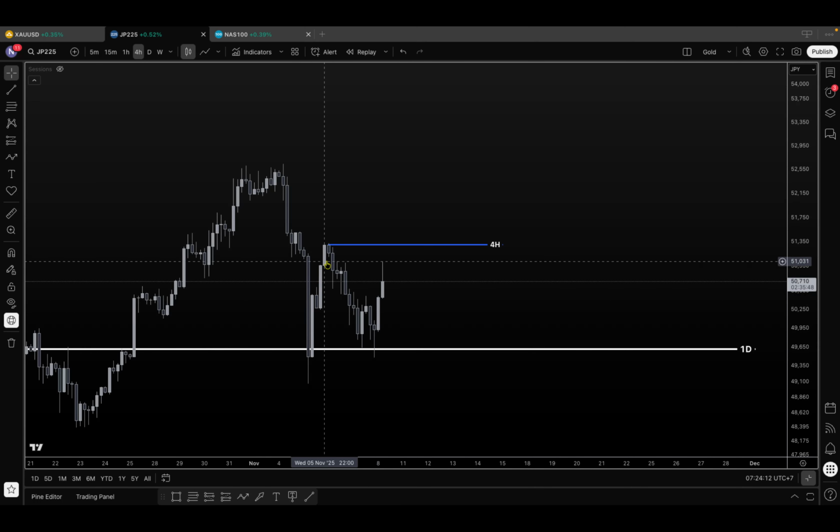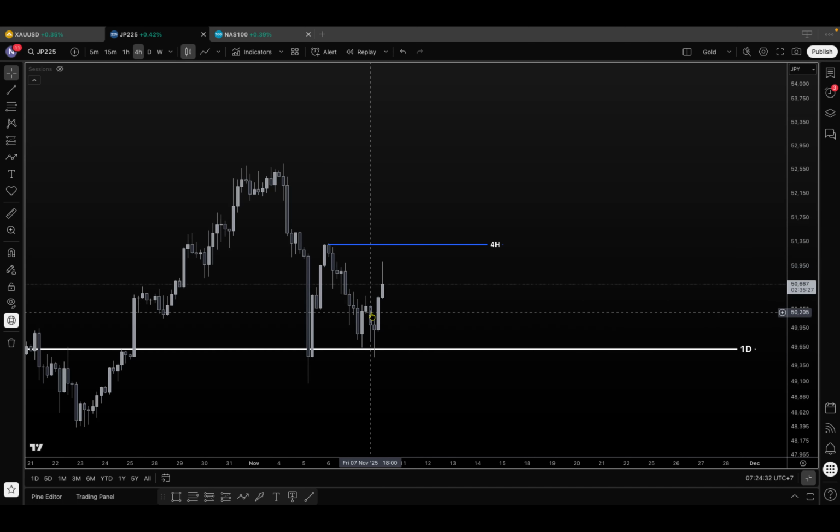I assumed that it would create a double bottom right here, and it shows me that it bounced from here.